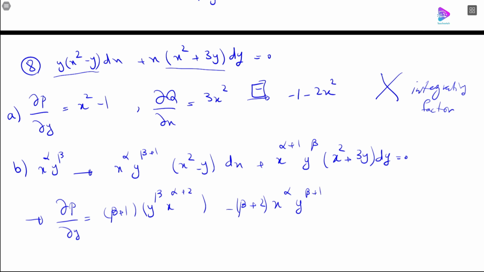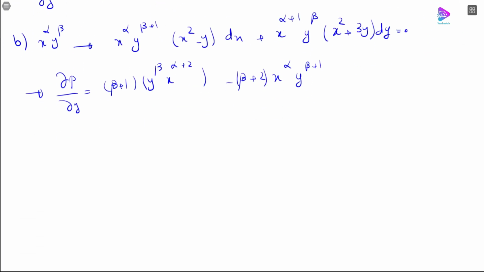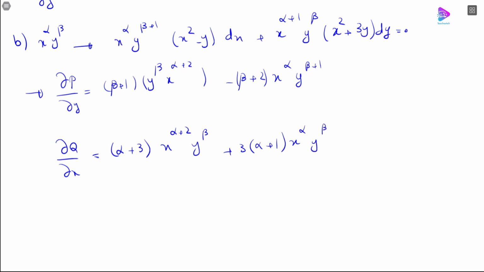And then we're going to do the same with q. We're going to have dq over dx is equal to alpha plus 3 x alpha plus 2 y beta plus 3 alpha plus 1 x alpha y beta plus 1.